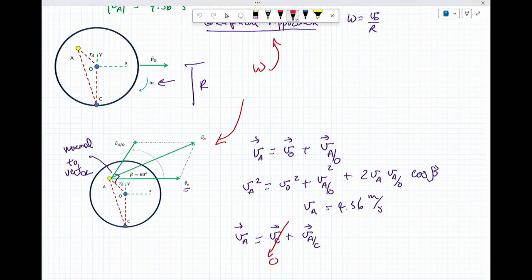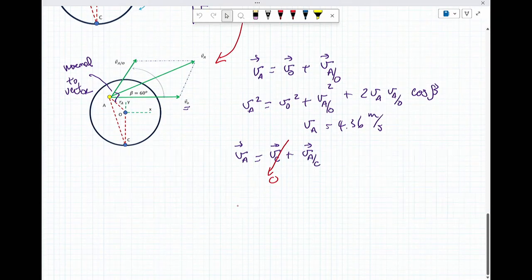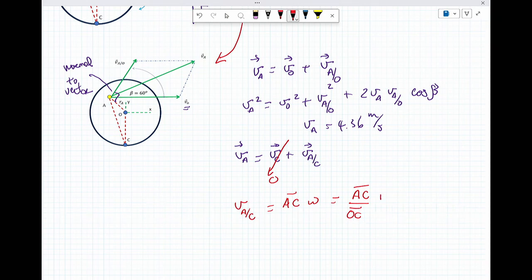So it's omega cross r, or omega r, since I'm doing it as a graphical approach. And VA with respect to C equals AC omega, which is AC over OC times V naught by triangles, and it equals, no surprise, 4.36 meters per second.